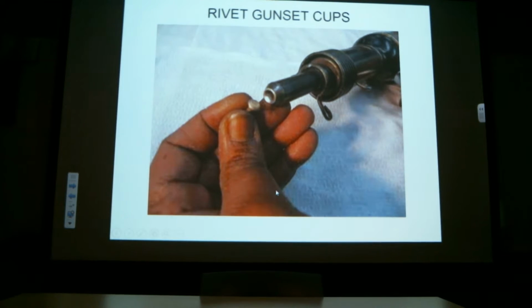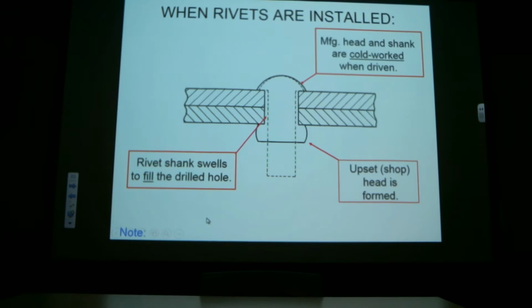If you were to look at the profile of the rivet cup for driving a universal head rivet, the radius of the rivet gun set is slightly larger than the radius of the rivet head. It allows you to cold work the head and hopefully get it centered. If you are off a little bit and holding it a little bit cockeyed, it doesn't make too much of a difference. But that's the idea of having a slightly different radius on the rivet gun set compared with the rivet head.